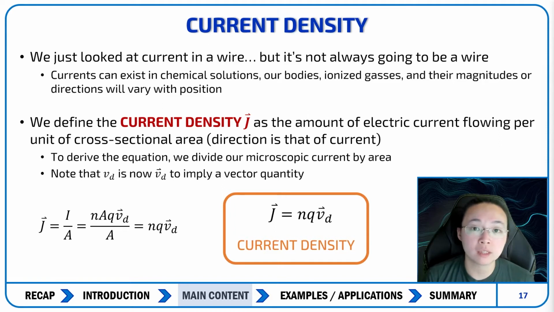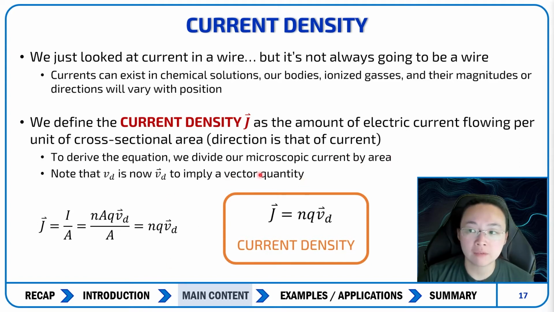So it's important that we define a current density that is specific to different types of conductors and different shapes and applications. We call the current density J, and it's defined as the amount of current flowing per unit of cross-sectional area, with the assumption that the direction, because it is a vector, is that of the current.